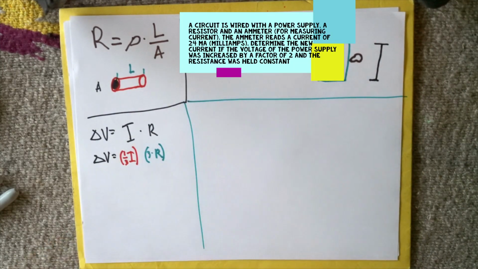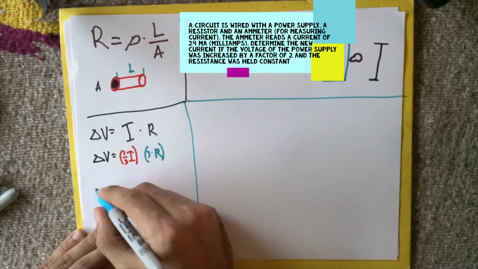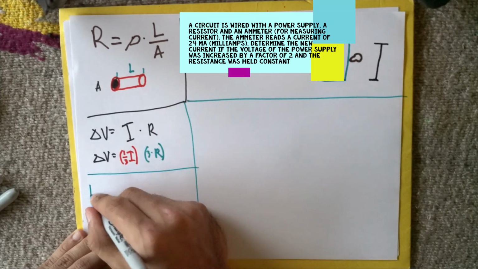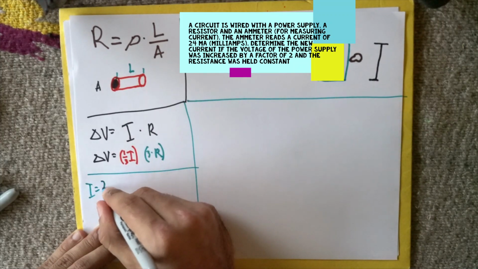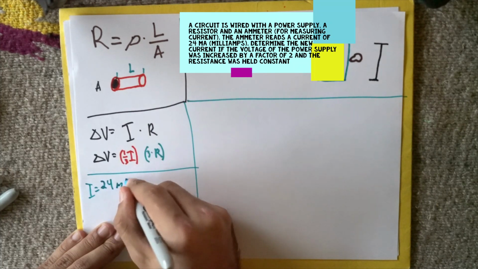Now, my question is, if you have a circuit that has a power supply, a resistor, and an ammeter. An ammeter is something that measures amps, okay? So it measures current. The ammeter reads a current of, so I equals 24 milliamps.